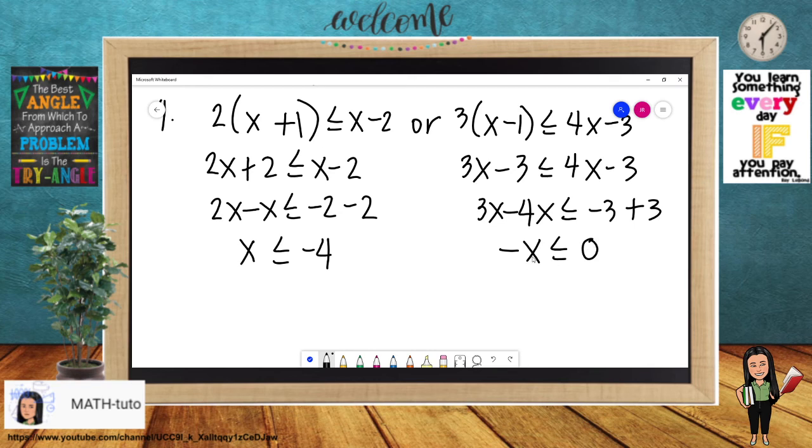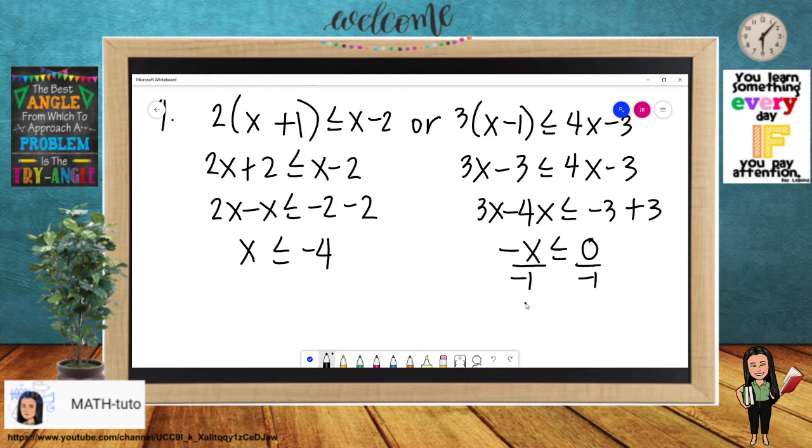We need the coefficient to be positive, since it is negative 1, so we can either divide by negative 1 or multiply by negative 1. Let's divide by negative 1.